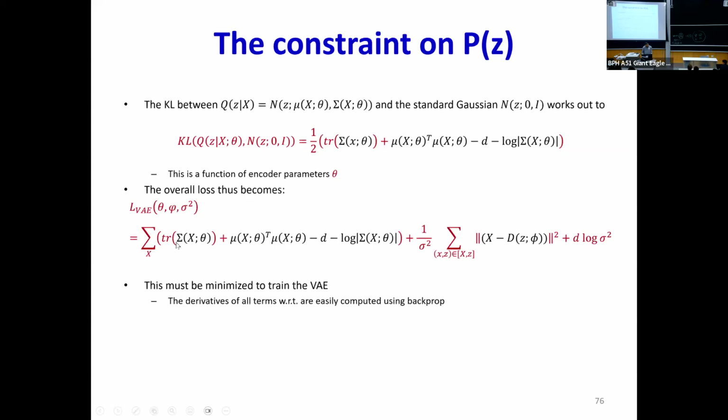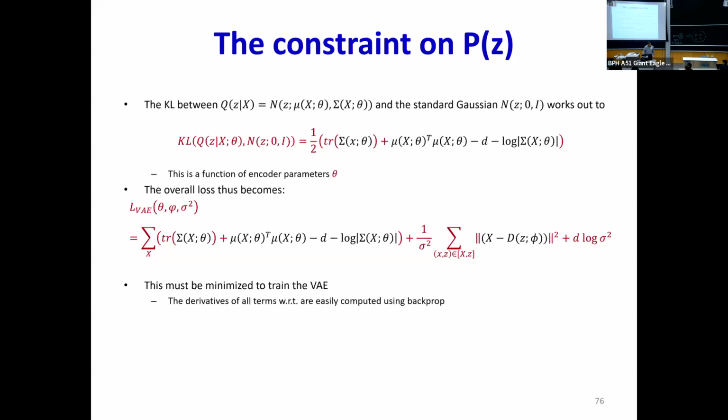So now the overall loss simply becomes this. The first term is the average KL divergence between Q and the standard Gaussian. The second term is the actual error between the output of the decoder and the actual training instance for a random z sample from the Q for each training instance.